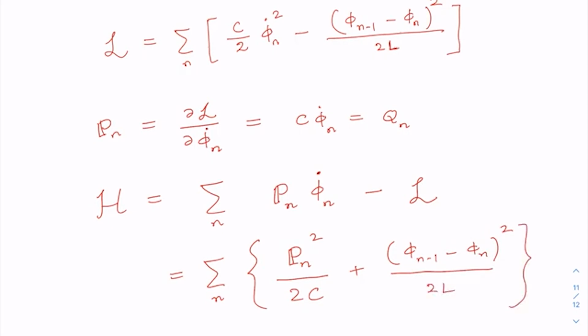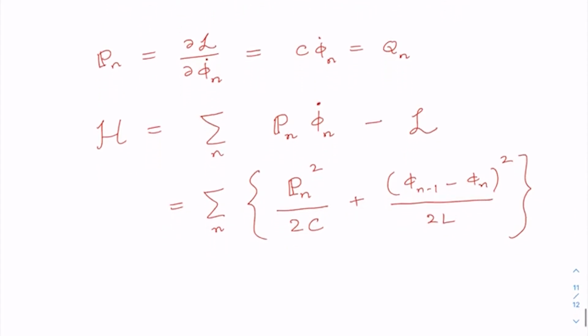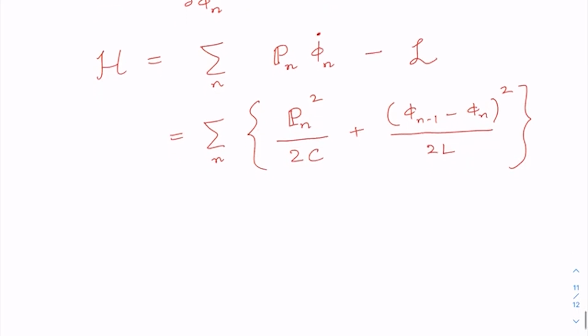As we have already discussed about the quantization of the LC circuit earlier, taking the magnetic flux as our coordinate and the charge as our momentum, we found that these are canonically conjugate variables. So here also that's what we will find in the case of the transmission line. Now we are ready for quantization.